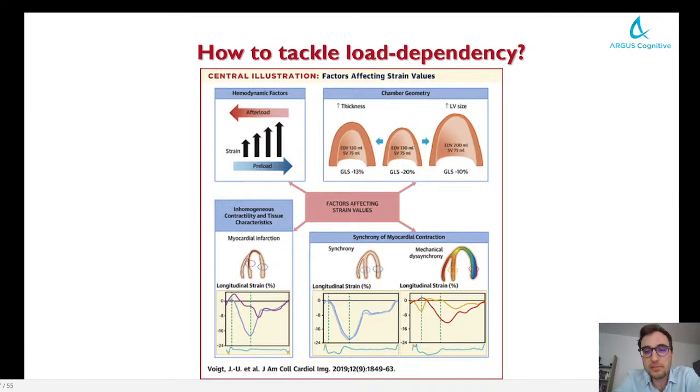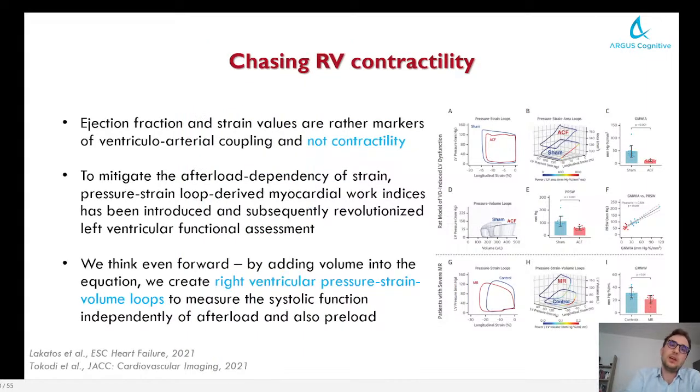And also the chamber geometry is a very important determinant of the global function. How can we tackle this load dependency? So, ejection fraction and strain measures, as mentioned, are rather markers, actually, not of contractility, but based on our previous studies, more like ventricular arterial coupling.